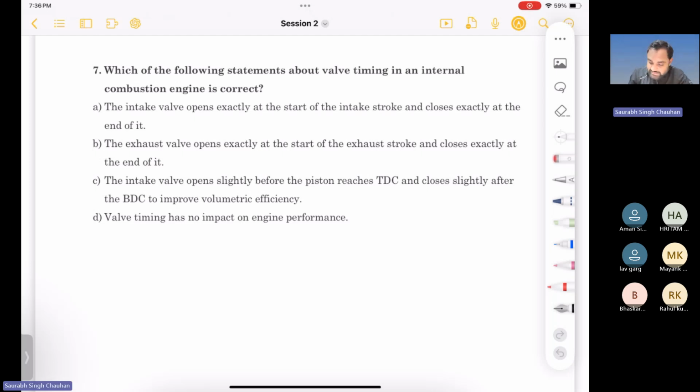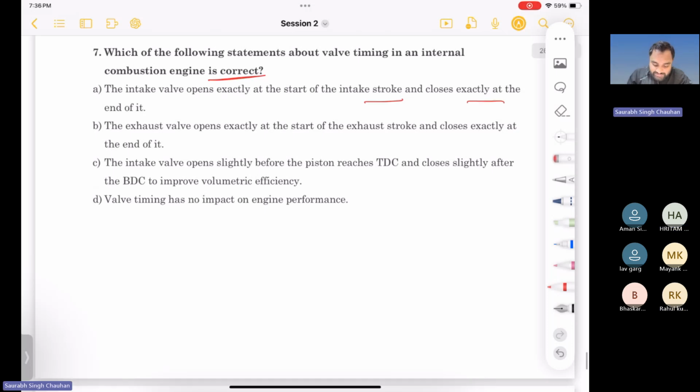Okay, let us read the options. The intake valve opens exactly at the start of intake stroke and closes exactly at the end of it. This is not correct. The exhaust valve opens exactly at the start of exhaust stroke and closes exactly at the end of it.